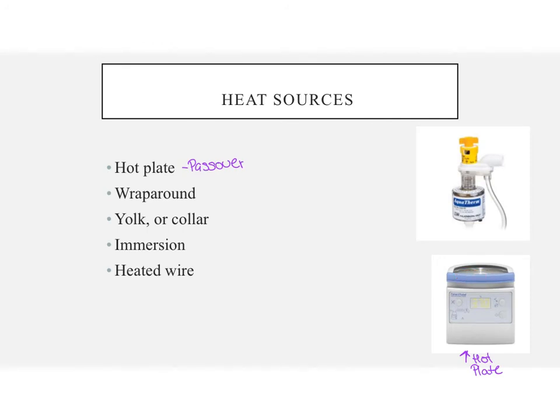We have this in the lab, so I will show it to you and we will go over it in the lab. We have a wraparound heater that we can use, and that's what we're going to use for our wick. We have a yoke or a collar, and that's going to be this guy here, and this is typically used on aerosol collars.